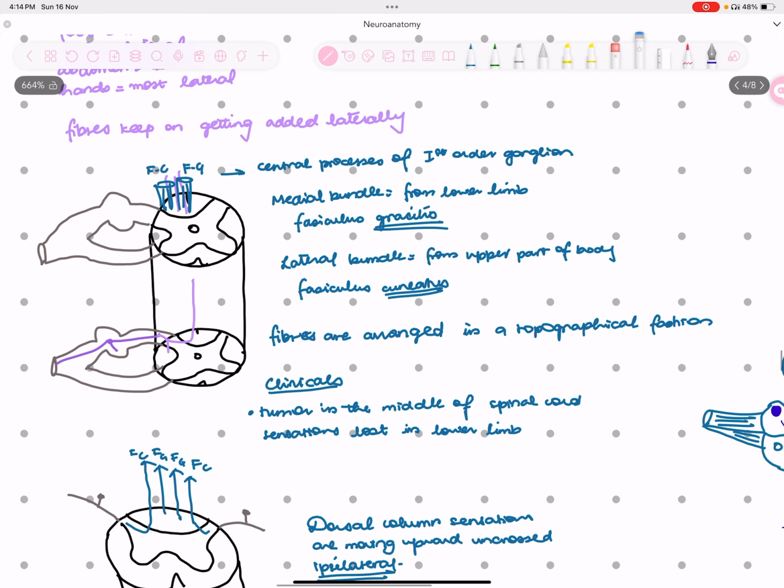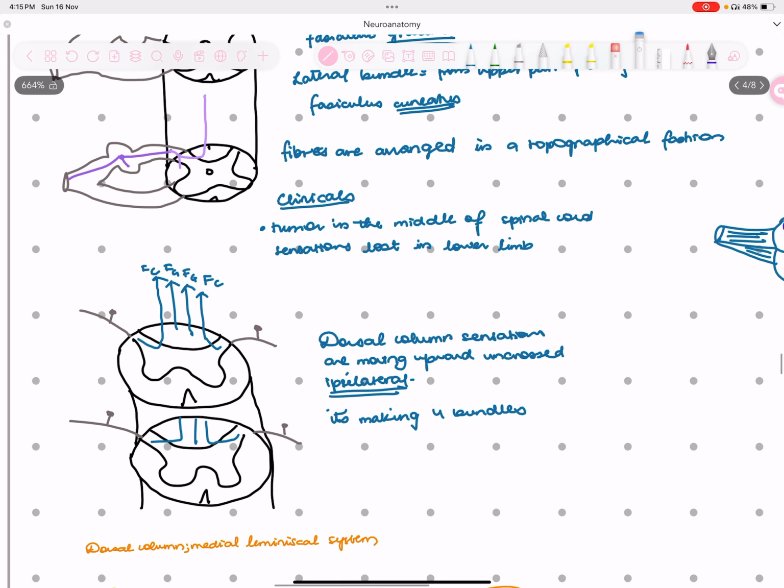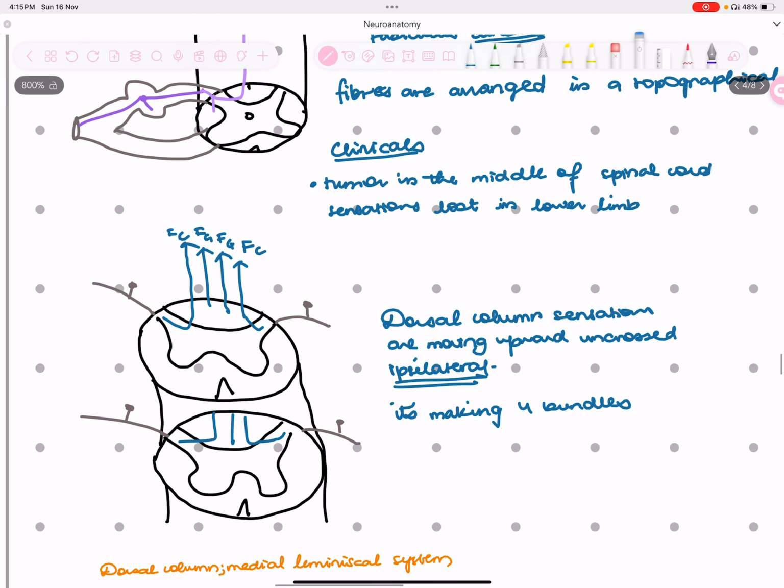These fibers are arranged in a topographical fashion. This is the dorsal column we're talking about. And as for the clinical aspect, I've already told you. Dorsal column sensations are moving upward, uncrossed, ipsilaterally. What does this mean?